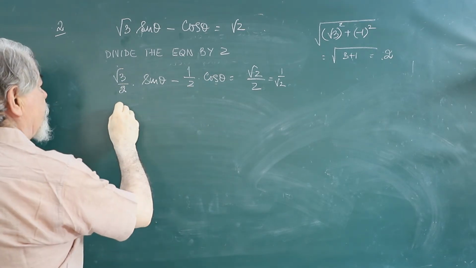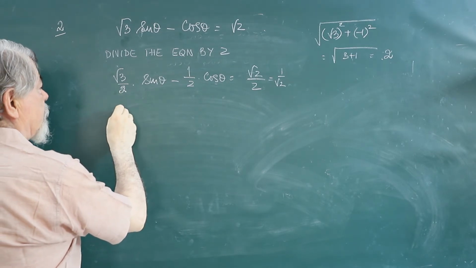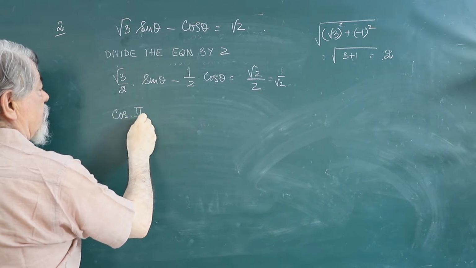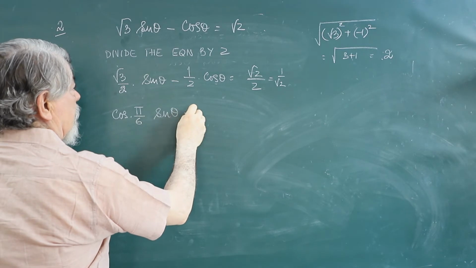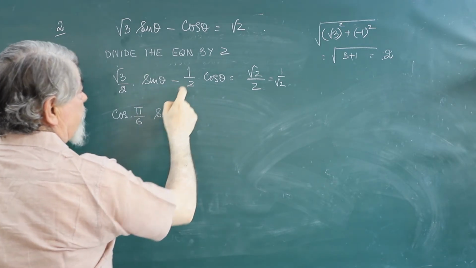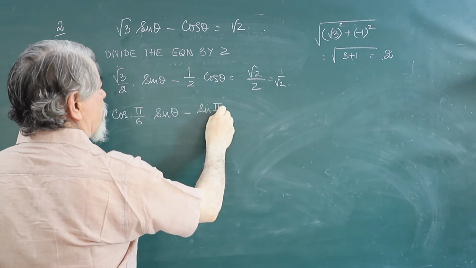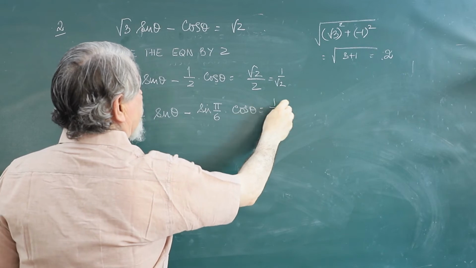I am taking one possibility, that is, I take it as cos 30. Cos 30 means cos pi by 6, sin theta. Now this is sin pi by 6. Sin 30 is 1 upon 2. Cos theta is equal to 1 by root 2.